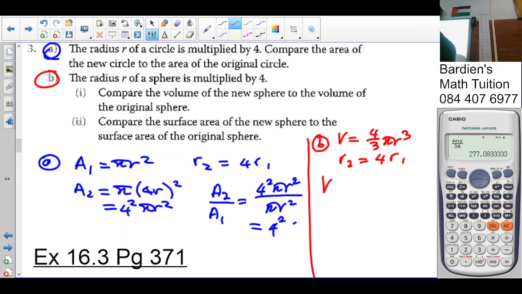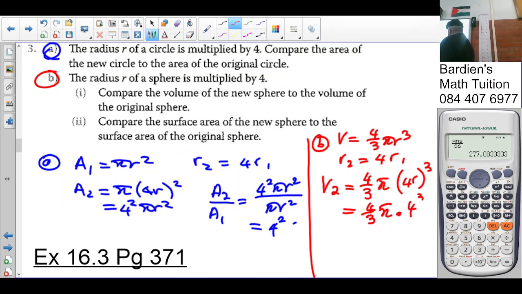The volume of the second sphere is equal to 4 over 3 pi times 4r cubed, the same as 4 over 3 pi times 4 cubed times r cubed. I'm just going to put this in front, and I'm going to multiply by that. So 4 cubed times 4 over 3 pi r cubed.